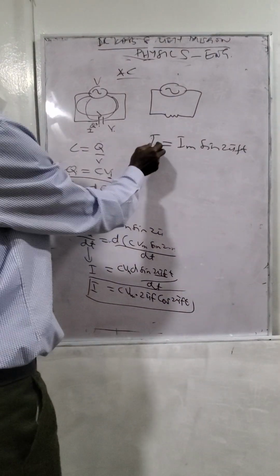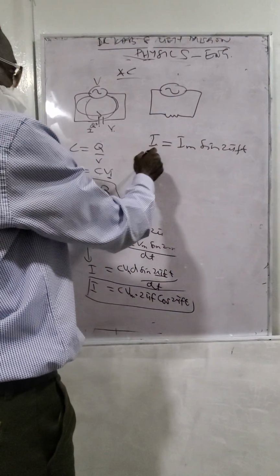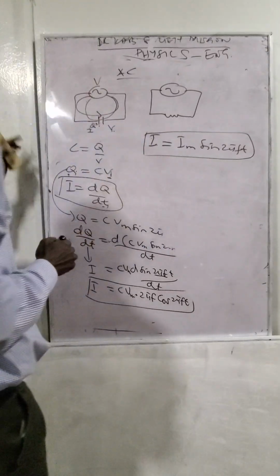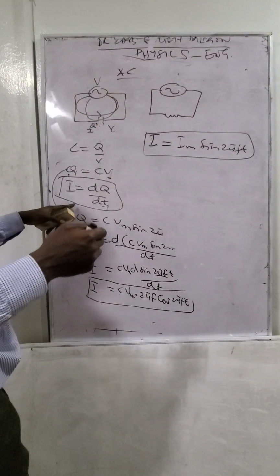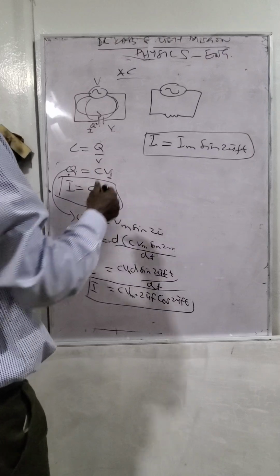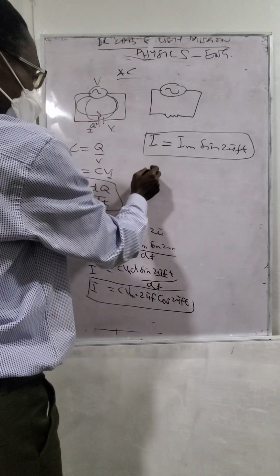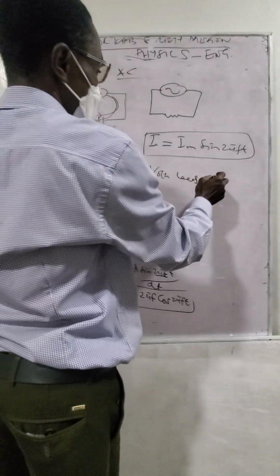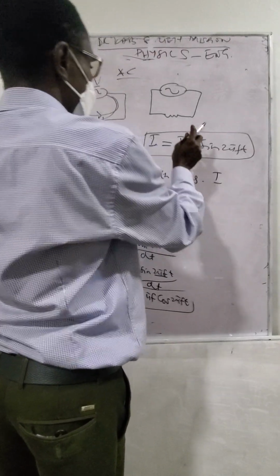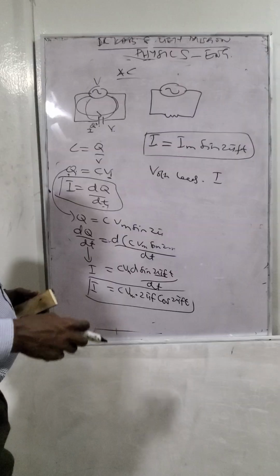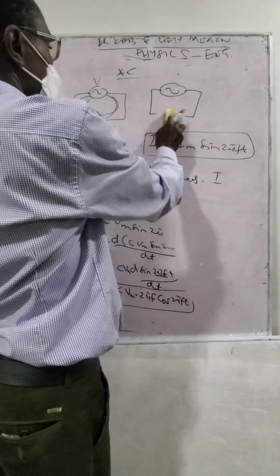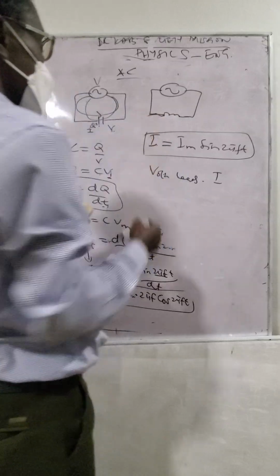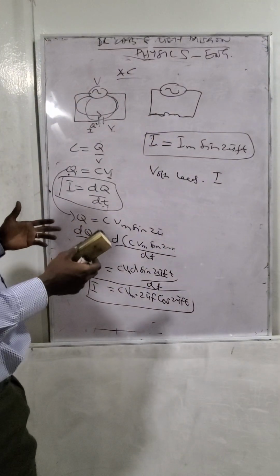Okay, this is my instantaneous I, okay, right, so if you work it out, just like we did for the I value, you will come out to know that voltage leads current, in the case of the inductor. Sorry, in the case of the inductor. So that is one thing.